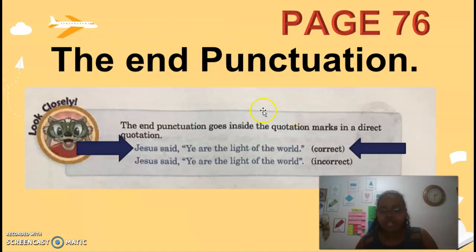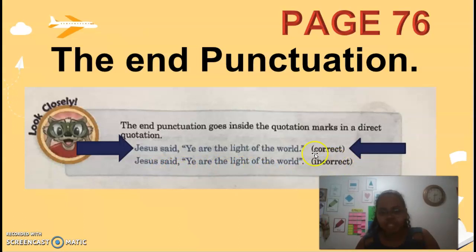So the instruction says the end punctuation goes inside the quotation marks in a direct quotation. For example, Jesus says, "Ye are the light of the world." This is the correct form. And Jesus says, "Ye are the light of the world". It is incorrect.